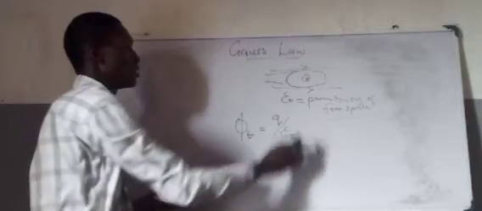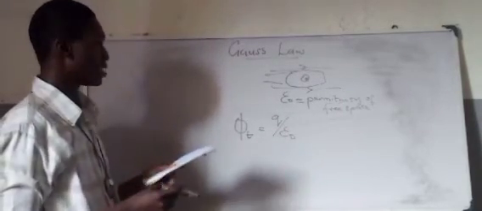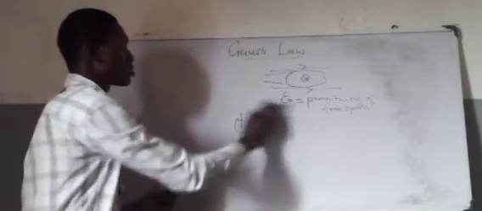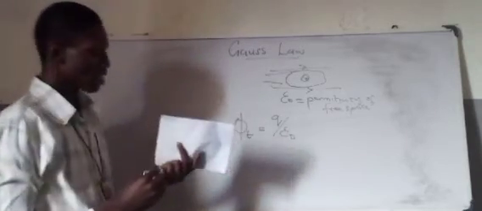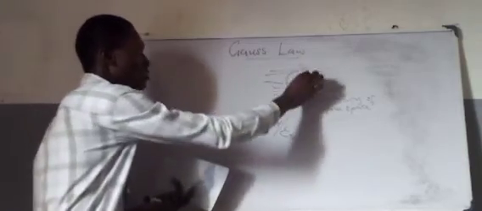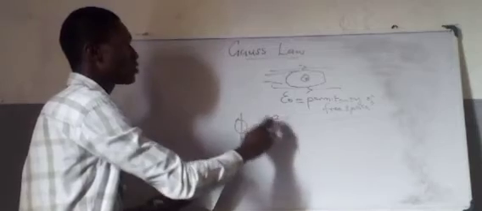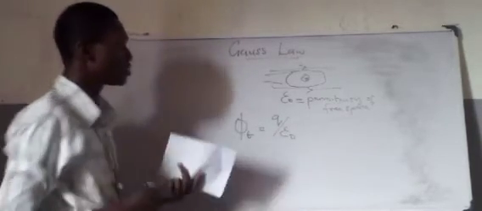That is the charge within divided by the permittivity of free space. So this is what Gauss's law is stating, that the electric flux as a result of charge enclosed in the surface is given as the ratio of the charge to the permittivity of what?